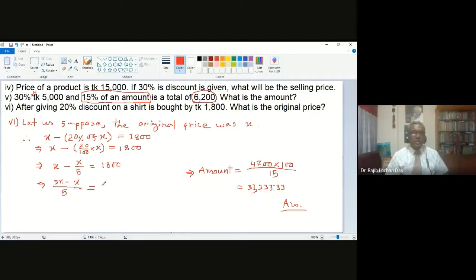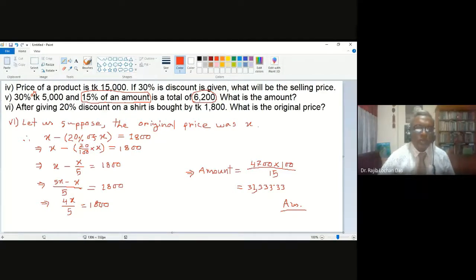And then it is 1,800 in the right side. So in the next line, you will write 4x divided by 5 equal to 1800. So x will be 1800 into 5 divided by 4.